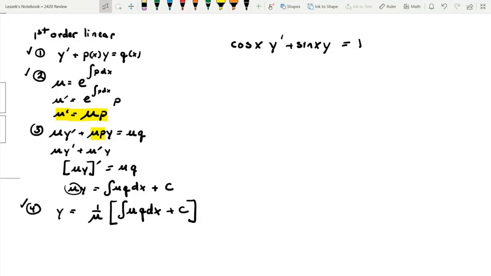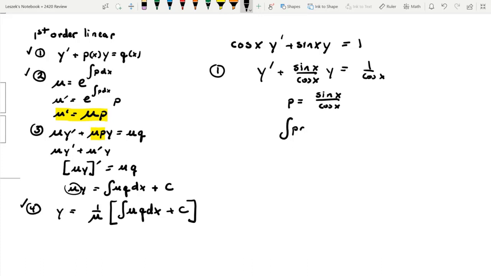It's being multiplied by cosine, so I would just divide everything by cosine. This way we've correctly identified p as the function of x that's multiplying y.